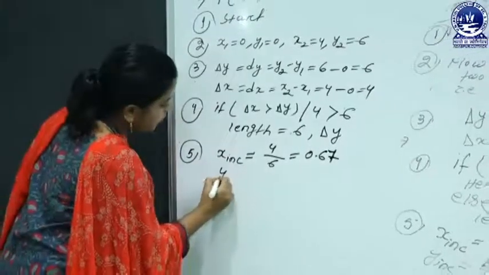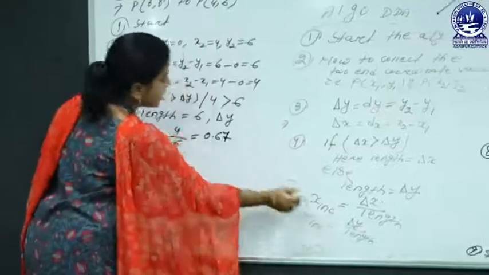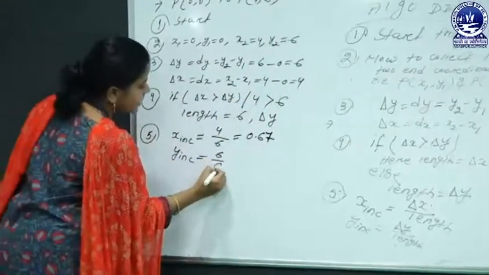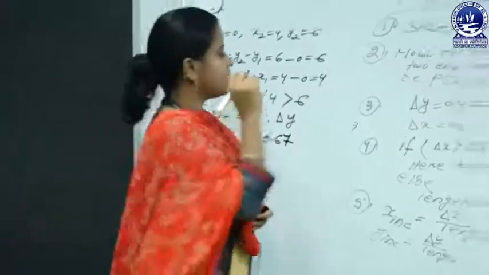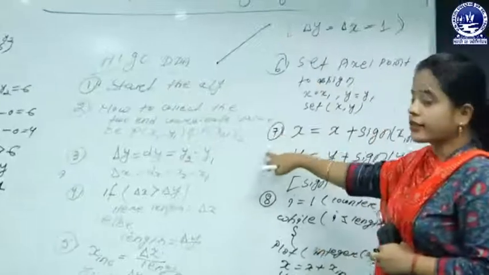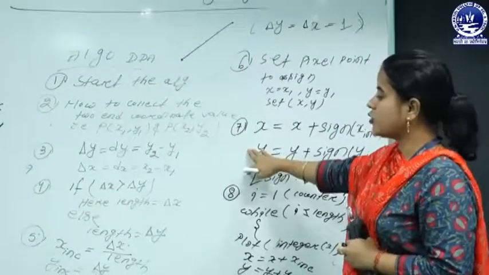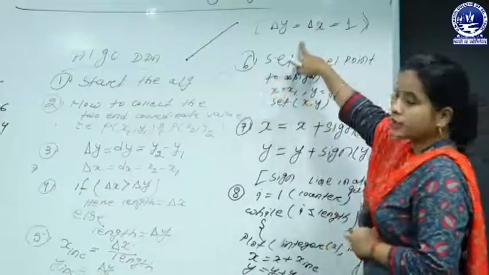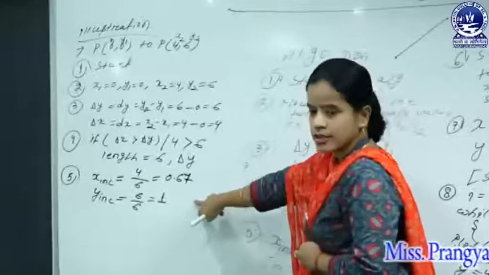Similarly, find the y increment value: the formula is delta y divided by length. Delta y is 6, divided by 6, so the value is 1. As I already explained, when the two coordinate differences are different, when initially finding the incremental values, one of the difference values must be 1. So here the y incremental value is 1.